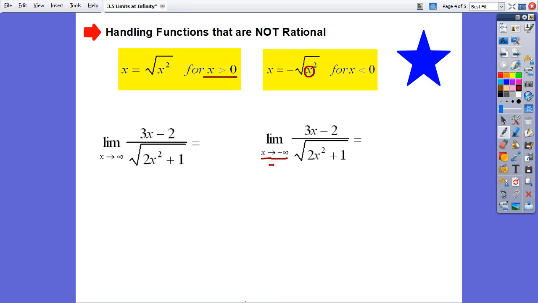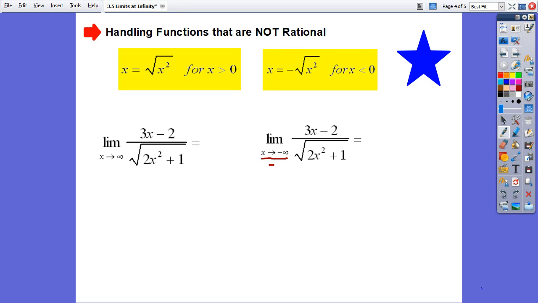We always do the principal root. But the x value has to be the same. So whatever I get here, 4 out of the square root of 16, I've got to have the opposite of that so that this thing can stay negative. So when x is negative, we have to make sure we do the opposite of the square root of x squared. That's a very unique thing, probably new to a lot of us.